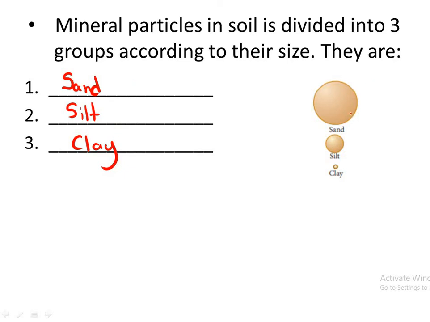Sand is very big. Silt is bigger than clay, but smaller than sand. Clay is the smallest mineral particle.